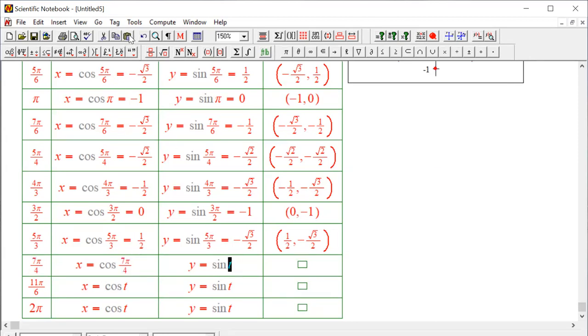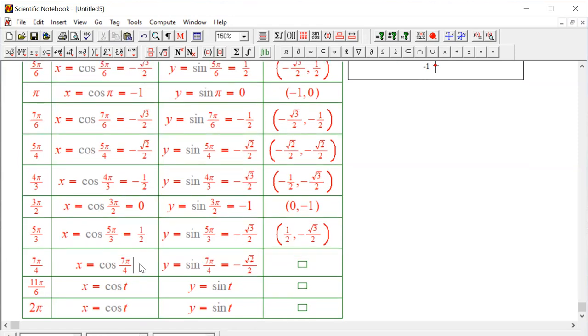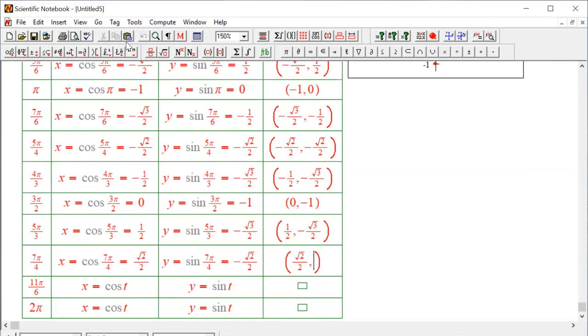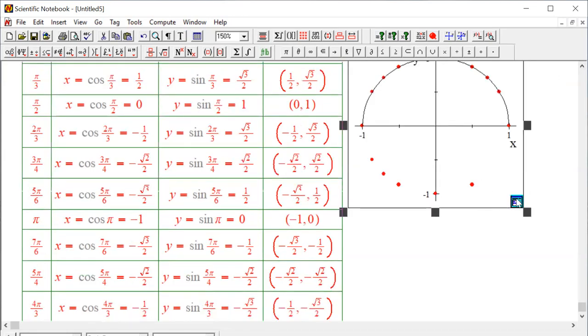Sine 7 pi over 4 is going to be -√2 over 2, and cosine 7 pi over 4 is √2 over 2. So the point is √2 over 2, -√2 over 2. I'm just being careful.